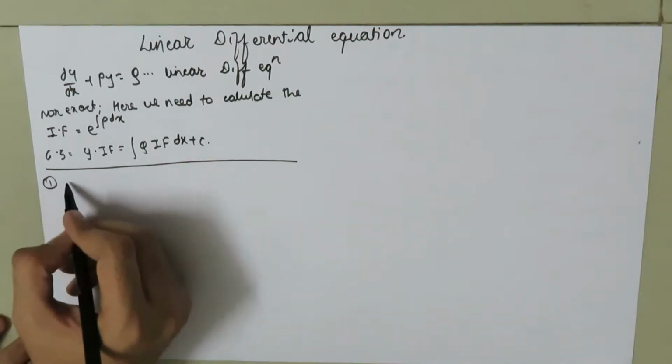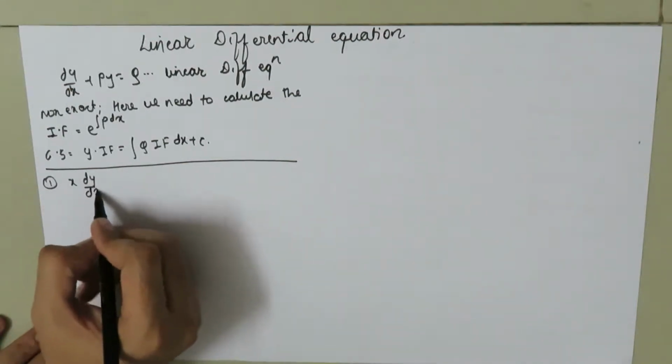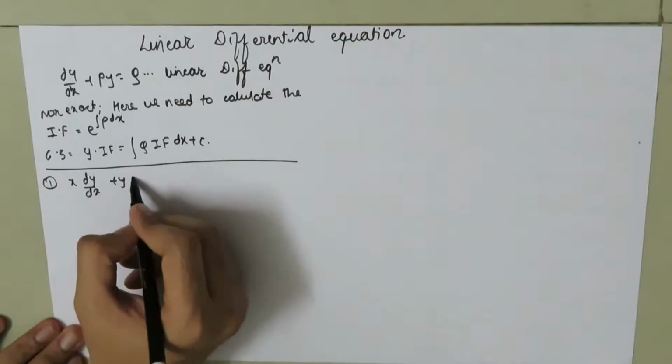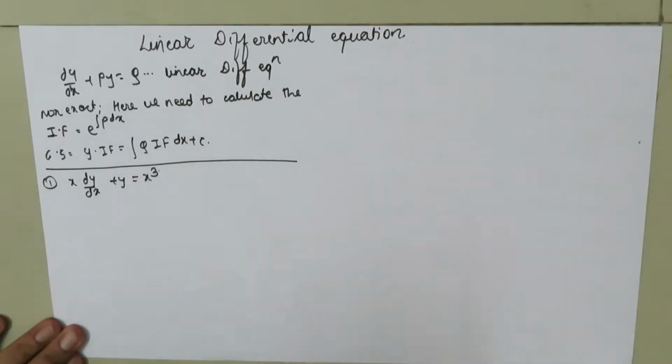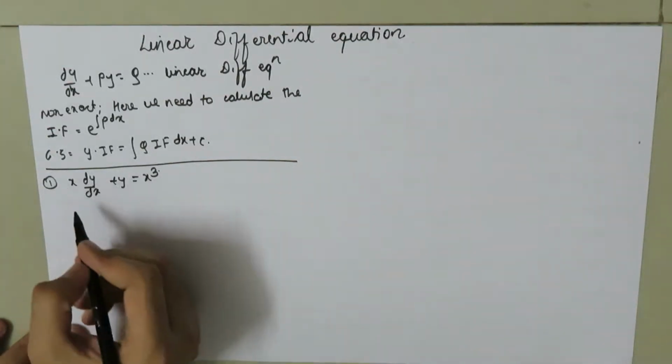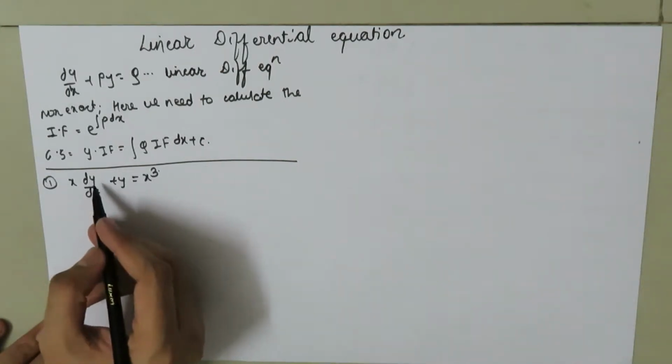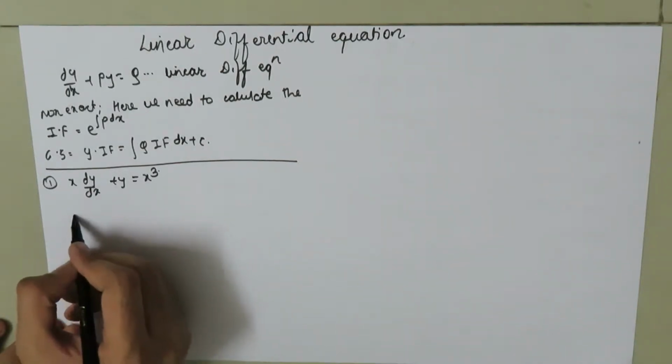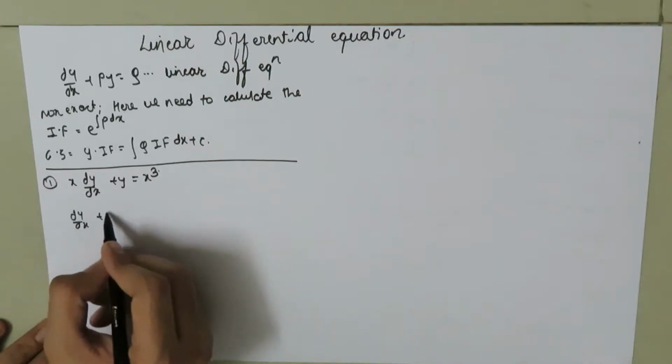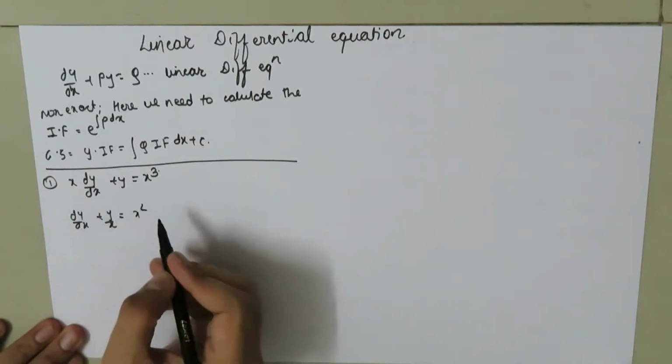So our first example is x times dy by dx plus y equals x cube. So now here we are going to make the coefficient of dy by dx as unity. So dy by dx plus y by x is equal to x square.